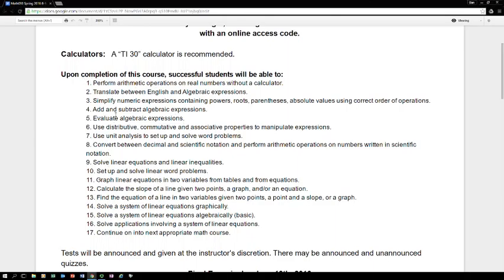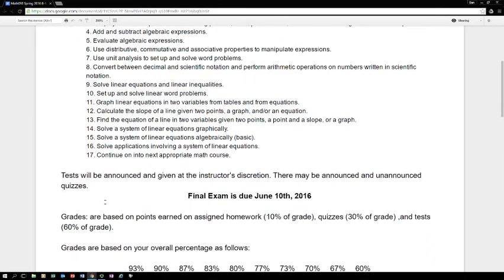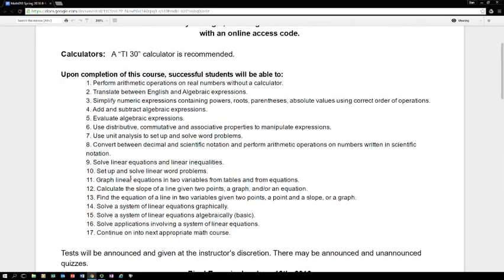Here's a breakdown of what we're going to go through in this course. I'm not going to talk through all of these, but there are basically about 17 objectives. We go through chapters 1, 2, 3, and the first part of chapter 8.